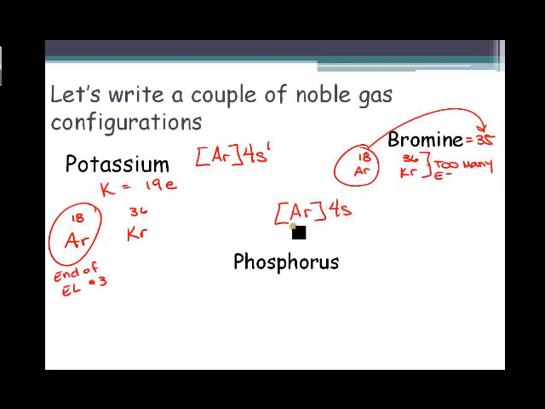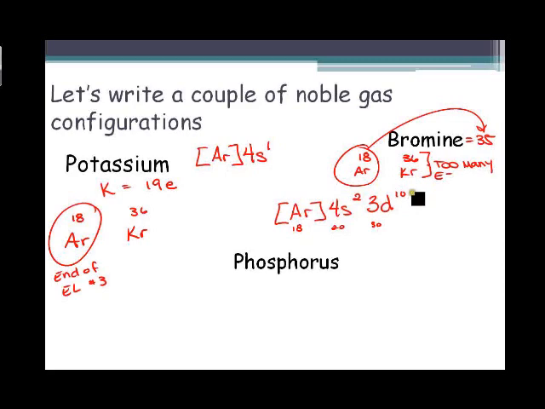Argon takes care of 18 electrons, so we need to start filling from there. So we can fit 2 in the s sublevel. So that's 20 electrons. We still need to place 15 more. After the 4s, we go to 3d. That can hold 10 electrons. So now we've placed 30. We only need to place 5 more.